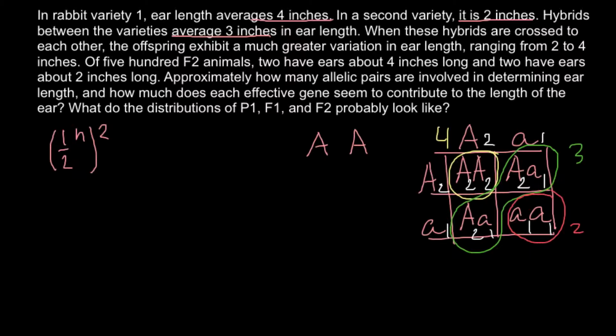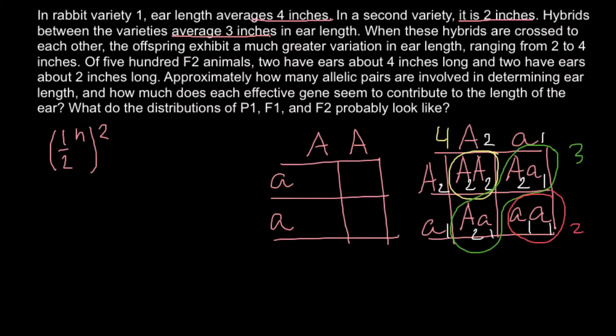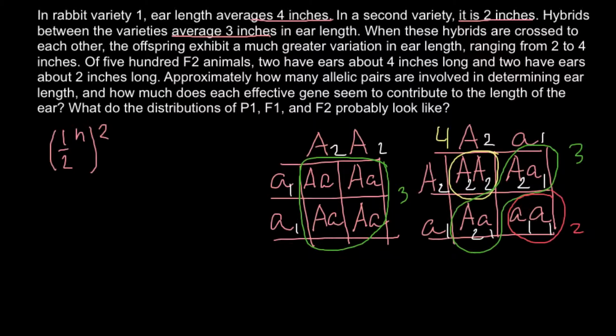When we cross two such parents, right now I'm only showing you one locus with two alleles, so all the progeny would be heterozygous, intermediate, like in the first example, going to be 3, and here for example we would have 4, and here we would have 1 and 1, so 2.